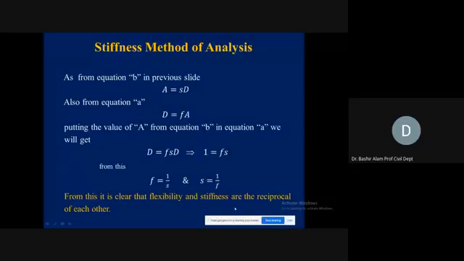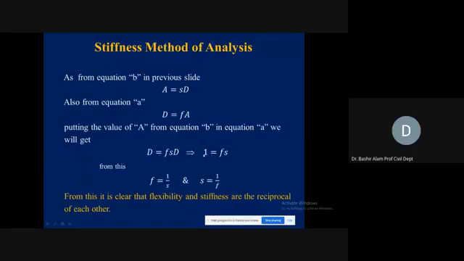Now from equation B in the previous slide, A is equal to SD. Also from equation A, we have D is equal to FA. So here, in equation A, instead of A, we put SD. When we put this SD, D is going to cancel with the D, so on the left hand side we have 1.